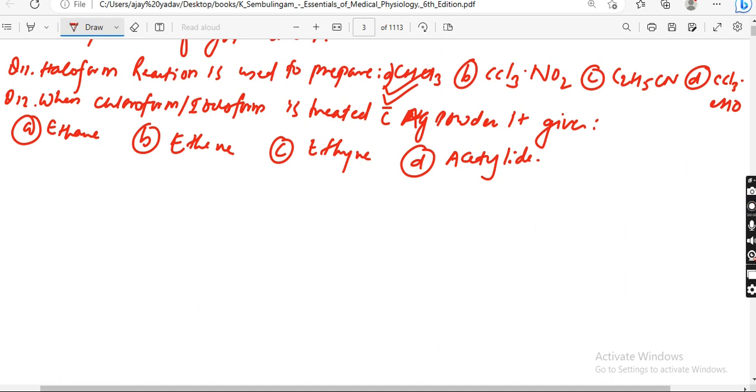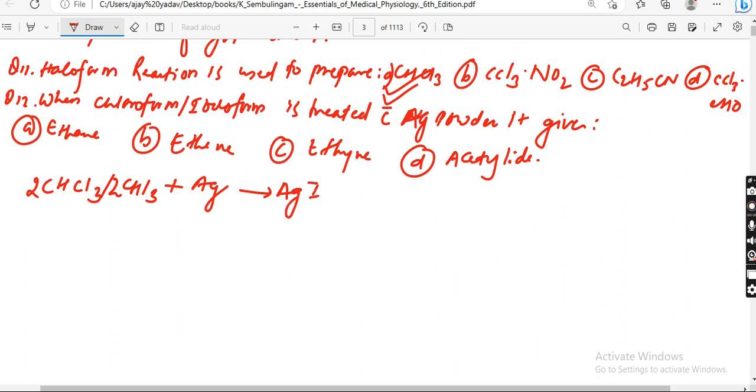So first of all, we know that CHCl3, or let's say CHI3, when reacted with Ag, okay, two molecules of these, so this will react to form what?